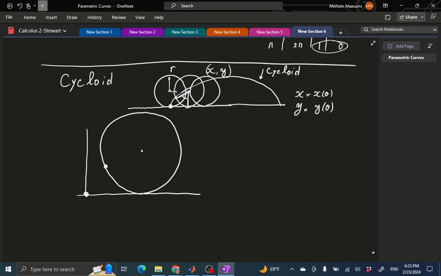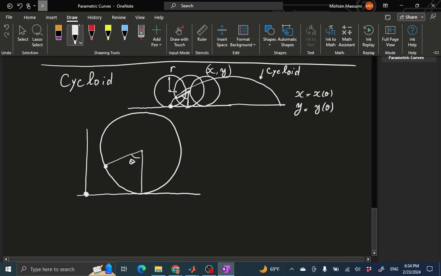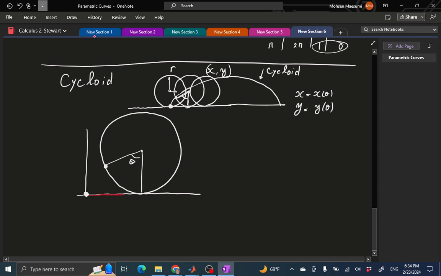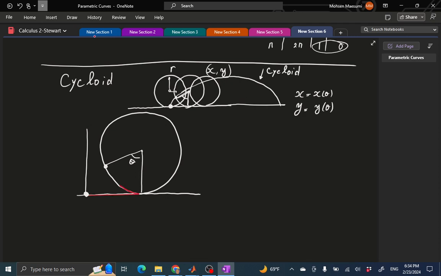This is the center of the tire, and the angle by which we have rotated the tire is this angle theta. Now, a major observation. Since this tire is rotating without skidding, the amount of displacement that we have here is exactly equal to the length of this arc on the tire itself. They are both the same numbers.